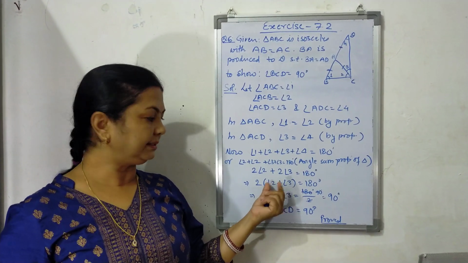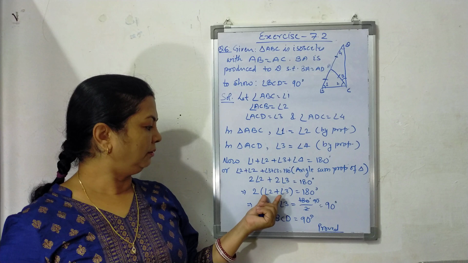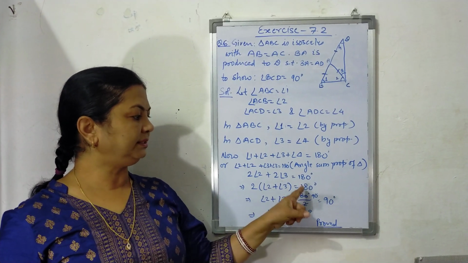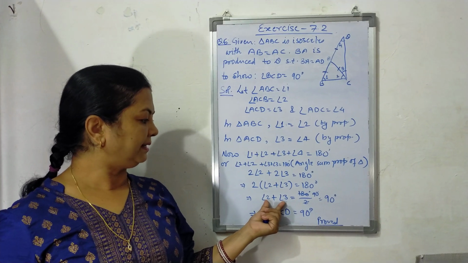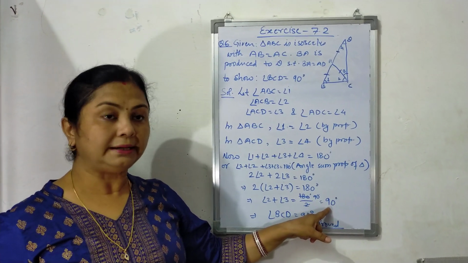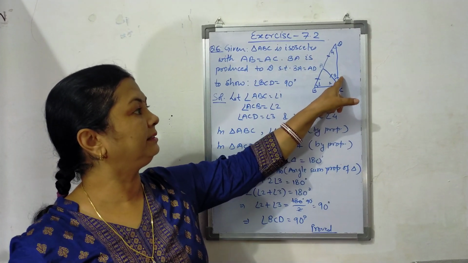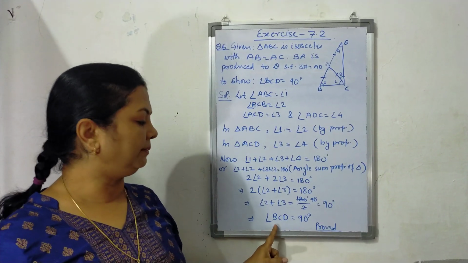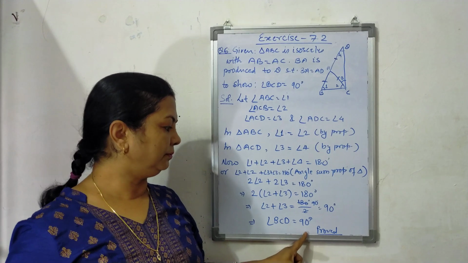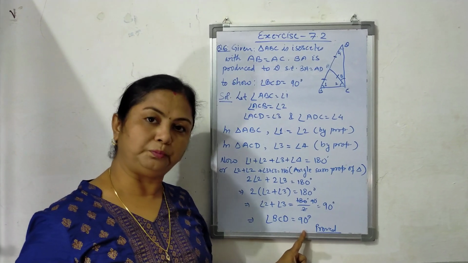Now 2 is taken common from both. Now 2 times angle 2 plus 3 is equal to 180 degrees, or angle 2 plus angle 3 is equal to 90 degrees. And what is angle 2 plus angle 3? This is angle BCD. Hence angle BCD is equal to 90 degrees, which we need to prove.